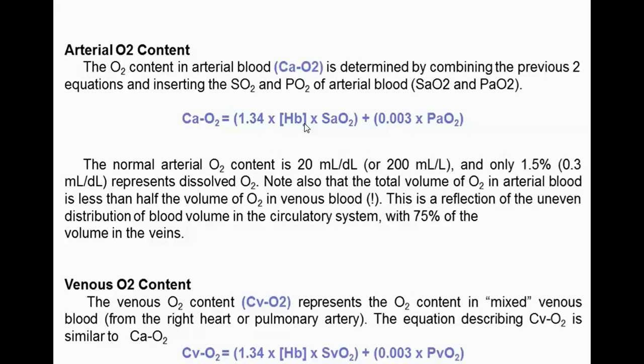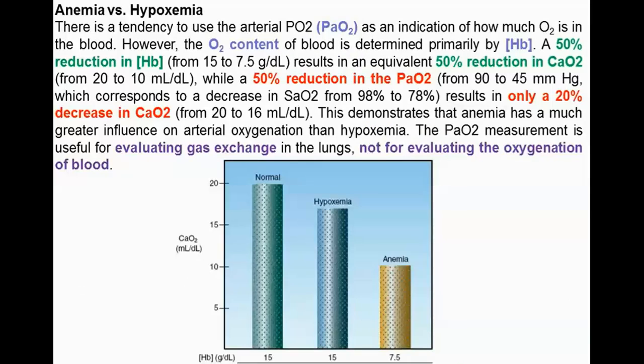Which do you expect is more critical and will result in a greater decrease in oxygen content, the hypoxemia or the anemia? Anemia, yes, of course. Why? Because hemoglobin represents the major carrier, about 98%.